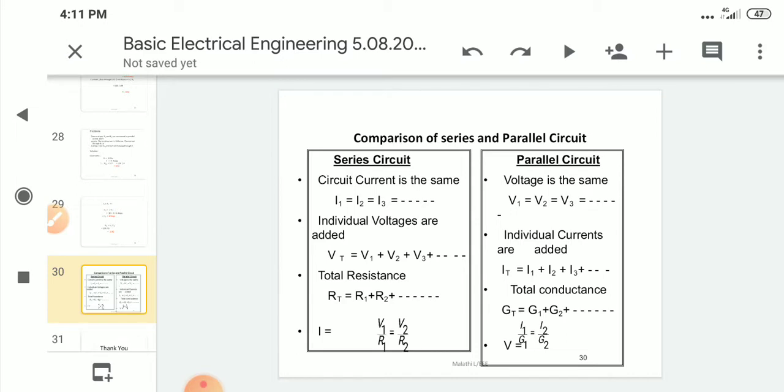In series, total voltage is the sum of all the voltage drops. In parallel, the total current is the sum of all the currents. And the last point is I is equal to V1 by R1, V2 by R2, or V3 by R3. Here V is equal to I1 by G1 or I2 by G2, like that.